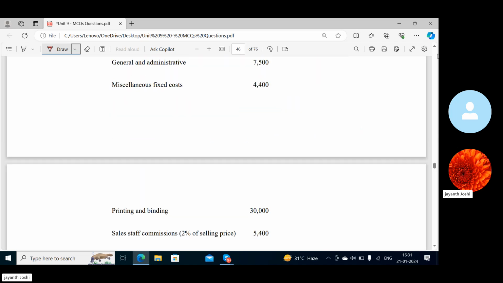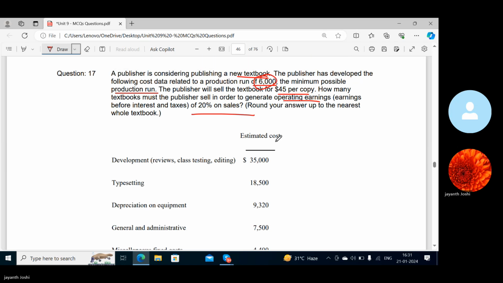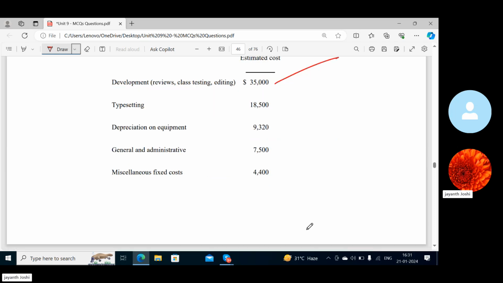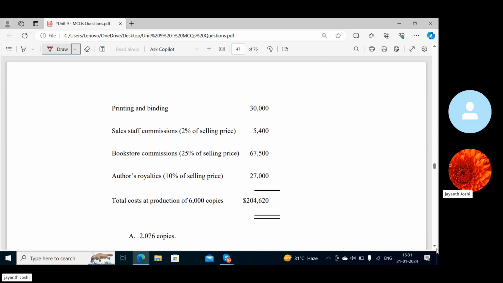And they have development cost, typesetting, depreciation on equipment, general administrative, miscellaneous fixed cost. So you may know all these are fixed costs, right? And the variable costs: sales staff commission is a variable cost, royalties are also variable cost, correct?